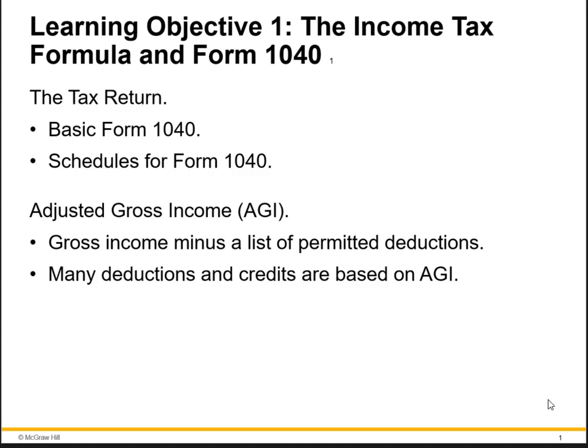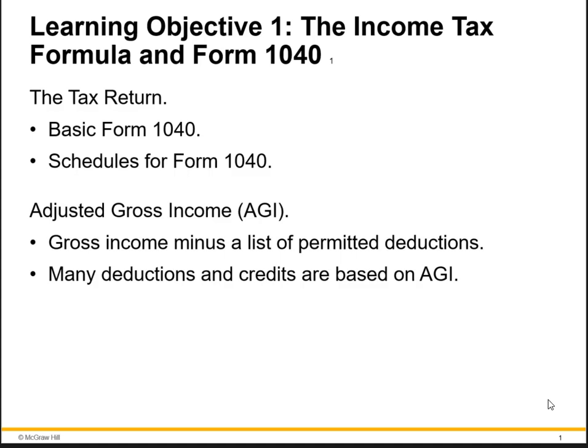Just to give you a heads up, tax professionals refer to what are called above the line deductions; those are deductions that reduce adjusted gross income. And when they say below the line, those are deductions that come out after you've calculated adjusted gross income.